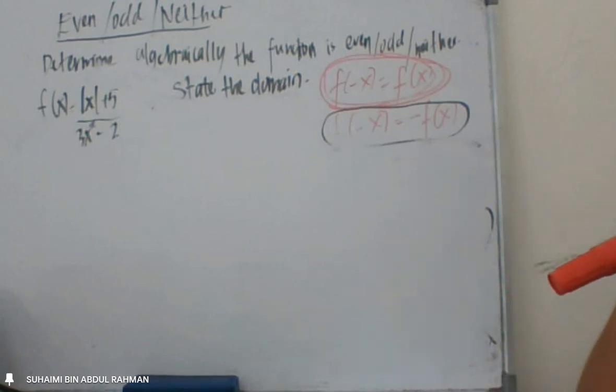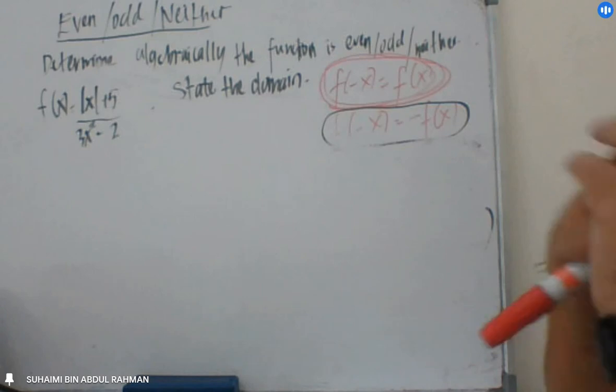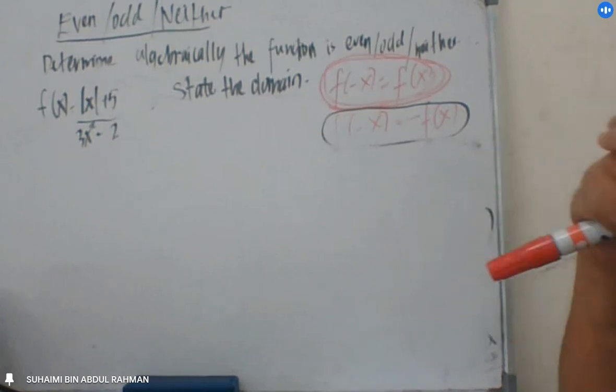x is not 2 over 3. Okay. What happens if you substitute minus square root of 2 over 3?